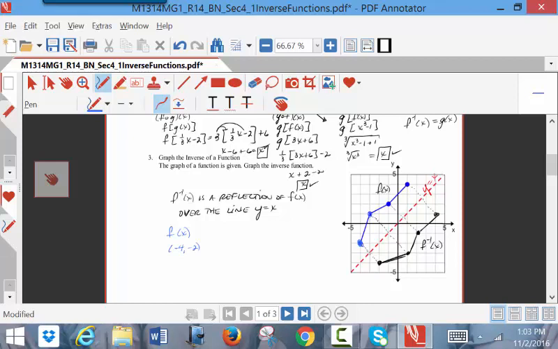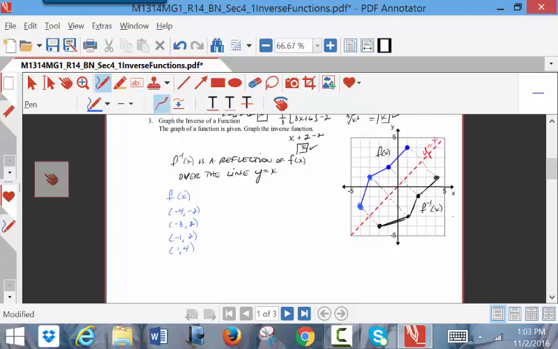The next point, its ordered pair, would be at -3, +2. The next point is -1, +2. And the last point I reflected would be 1, 4. So that's the points before I reflected them.